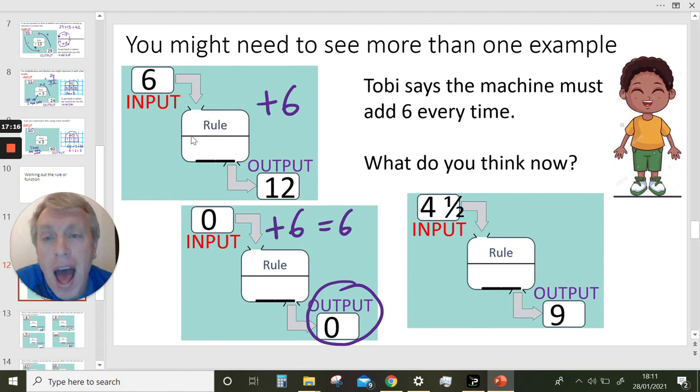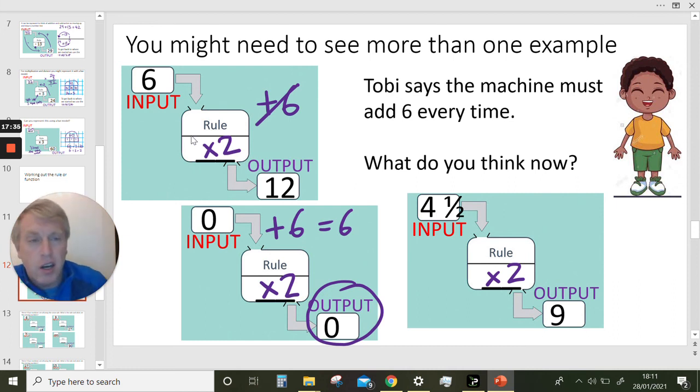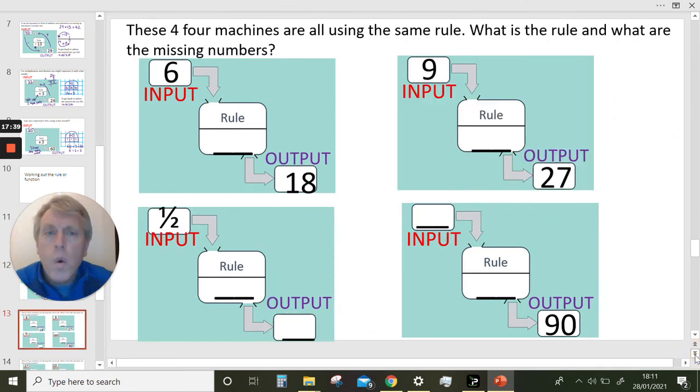It's not add 6, it's times 2. 6 times 2 is 12. 4.5 times 2 is 9. And 0 times 2 is 0, because 0 times anything is 0, and anything times 0 is 0. We know that.